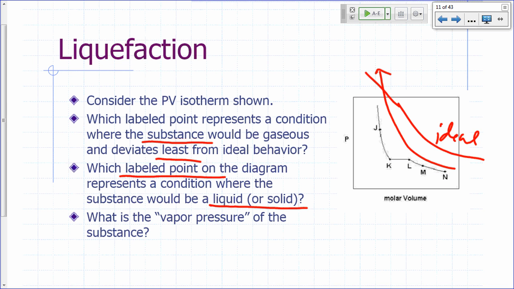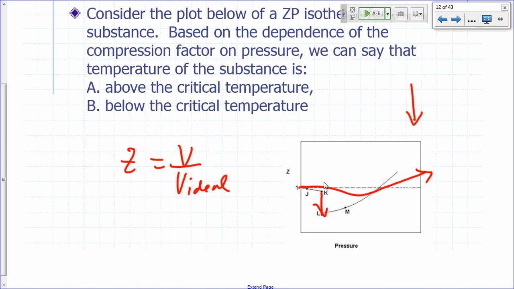But if you don't see that horizontal line, you know that you're not condensing, you're not liquefying, or you're not turning your gas into a solid. So that horizontal line in a PV isotherm is indicative of liquefaction or deposition. A vertical line on the Z versus pressure plot indicates liquefaction or deposition.